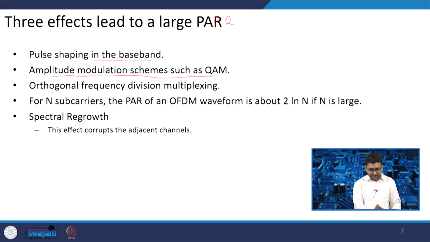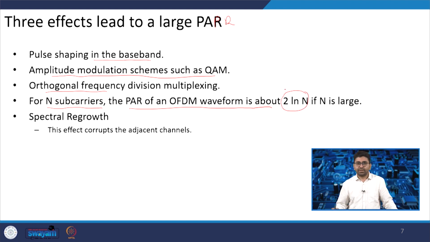That is why in orthogonal frequency division multiplexing, when we are using all these three, it adds a large PAPR. There is a standard rule given in the references, that for n subcarriers the PAR of an OFDM waveform is around 2 ln n, and obviously if we have a large number of subcarriers, then n is large.